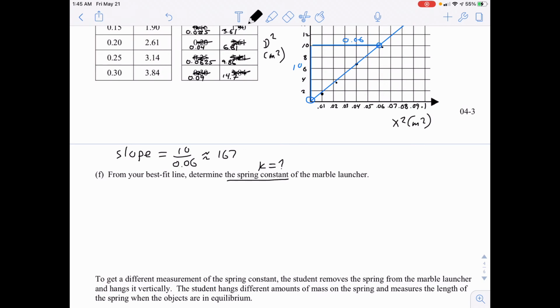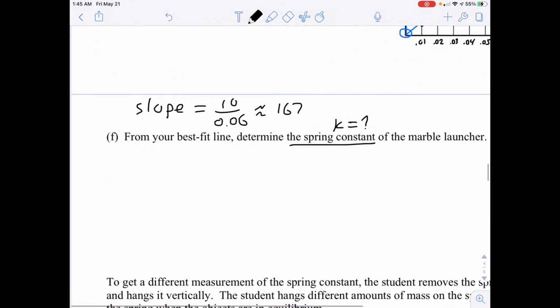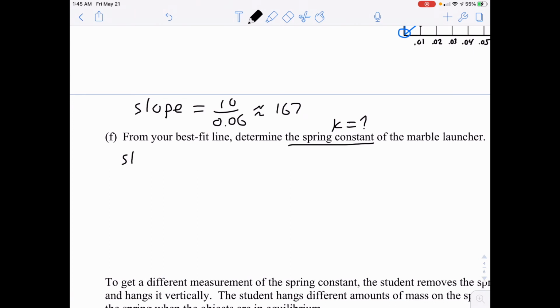If you remember above, what we came up with, the slope, the rise over run, is equal to 2kh over mg. So let's write that down. The slope is equal to 2kh over mg. So how do we isolate for k?